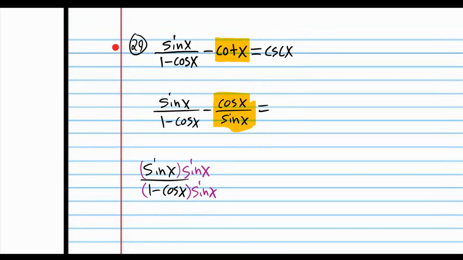I guess we'll just use parentheses. And I'm going to multiply both sides of the fraction at the right by 1 minus cosine x.